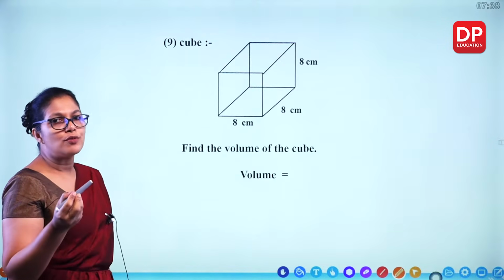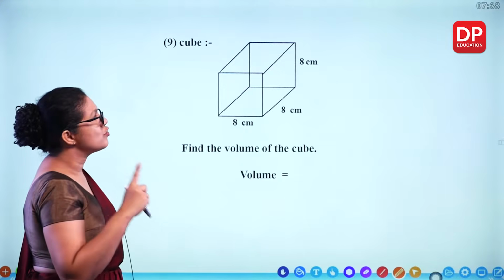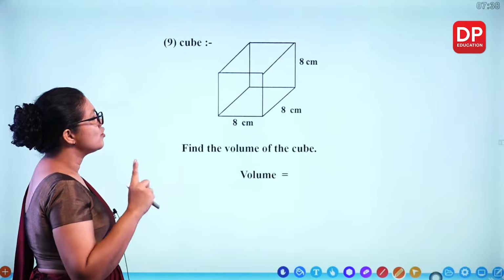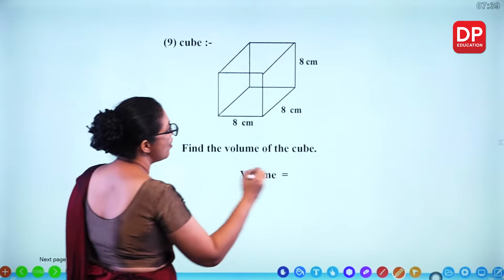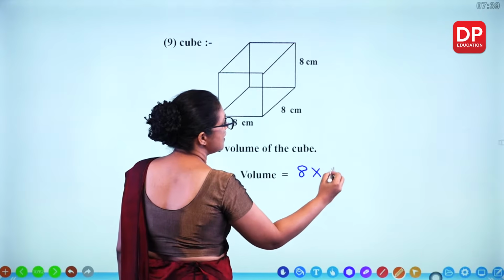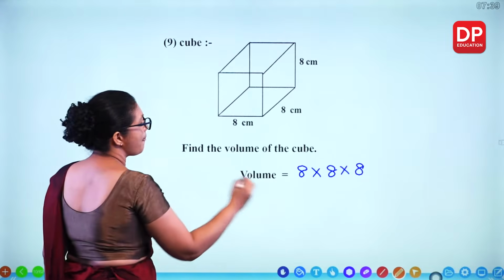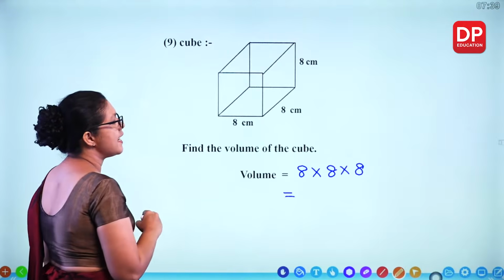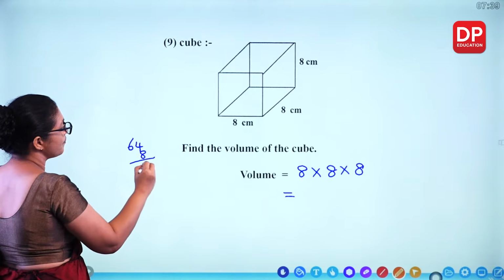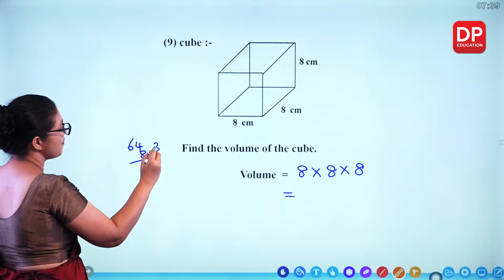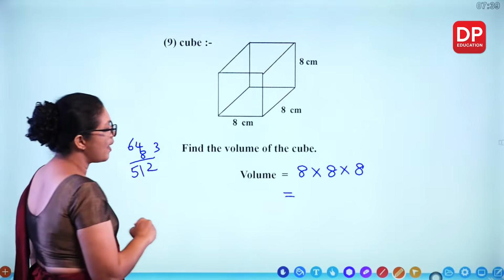Similar to the volume of a cuboid, you take length into breadth into height, or length into width into height. So volume is equal to length into width into height here. 8 times 8, 64. 64 times 8? 512.